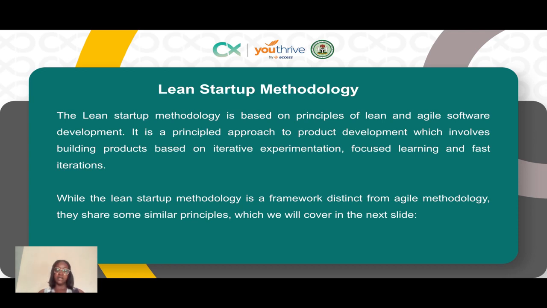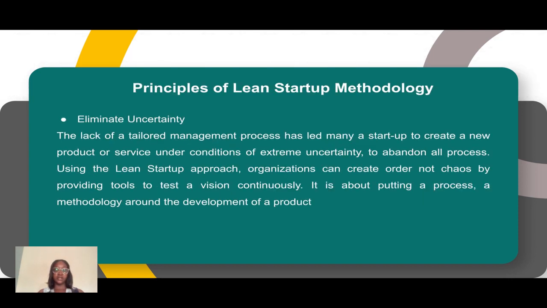Now, let's cover some of the ways in which lean startup is quite similar to agile methodology. Lean startup methodology is focused on eliminating uncertainty. The lack of a tailored management process has led many startups that create a new product or service under conditions of extreme uncertainty to abandon all process.